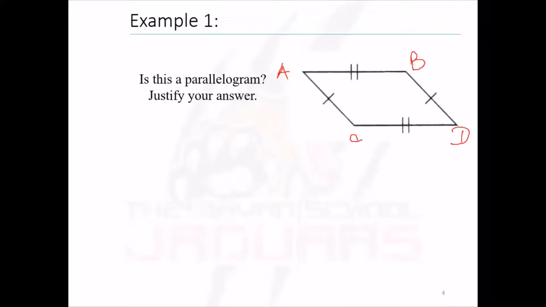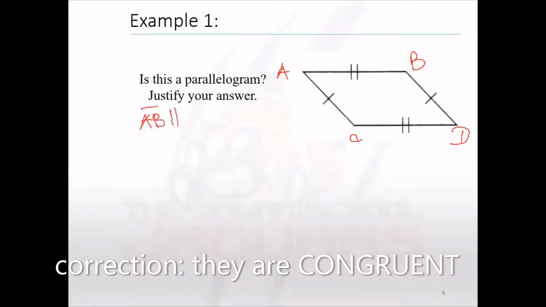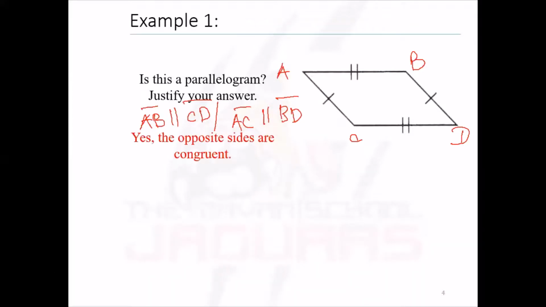I can see in this figure that the segment AB is parallel to the segment CD, and also I can see that the segment AC is parallel to the segment BD. And I think that you're thinking the same that I'm thinking, that yes, this quadrilateral is a parallelogram because I have two pairs of opposite sides that are parallel.